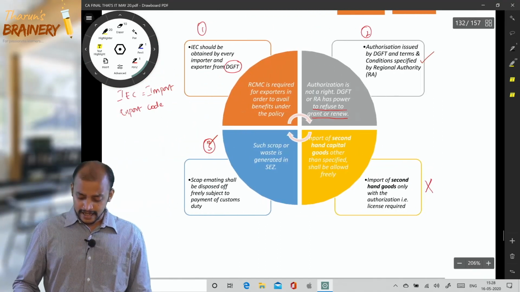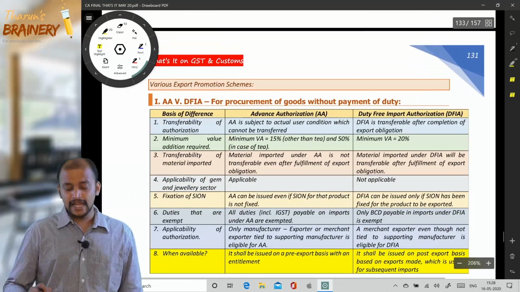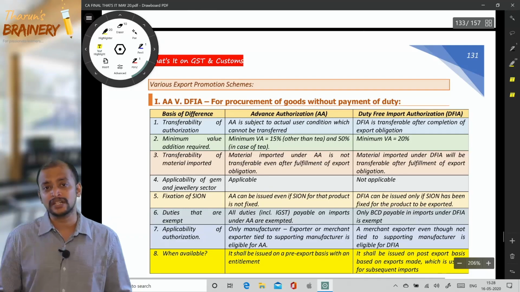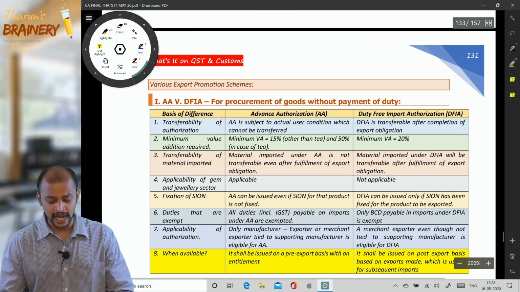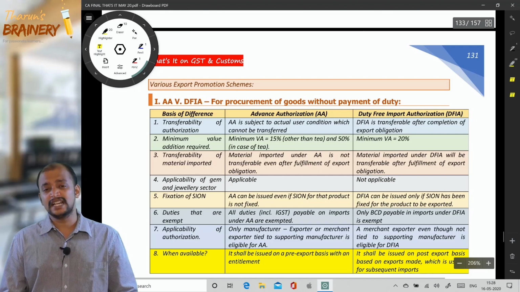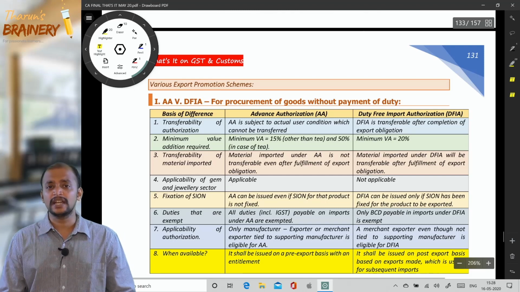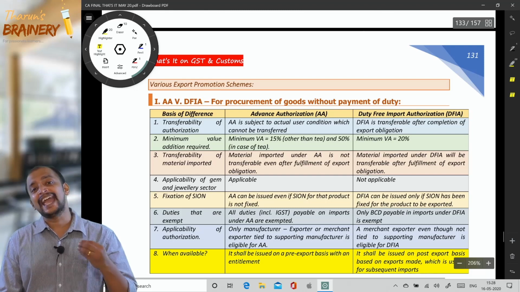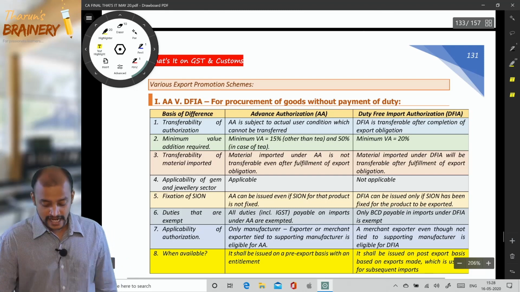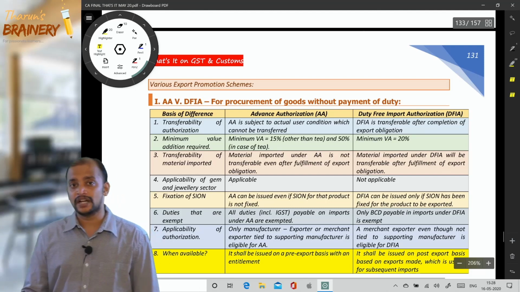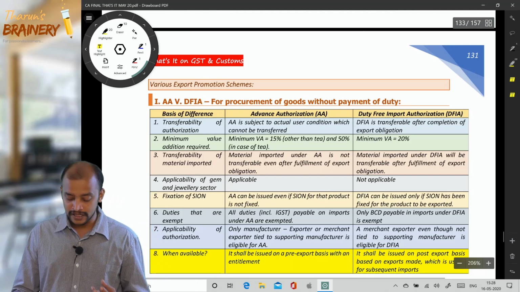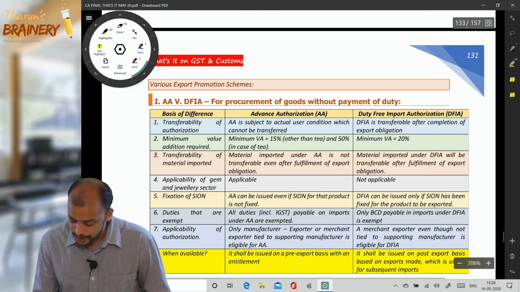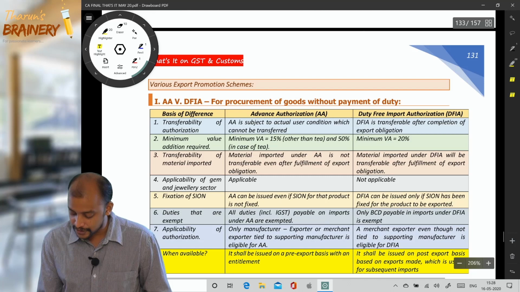Then, next area is about export promotion schemes, various export promotion schemes. Here we have advance authorization and duty-free import authorization. These are called duty exemption schemes. So this AA and DFIA is called duty exemption schemes because under this AA and DFIA we can procure goods without payment of customs duty.